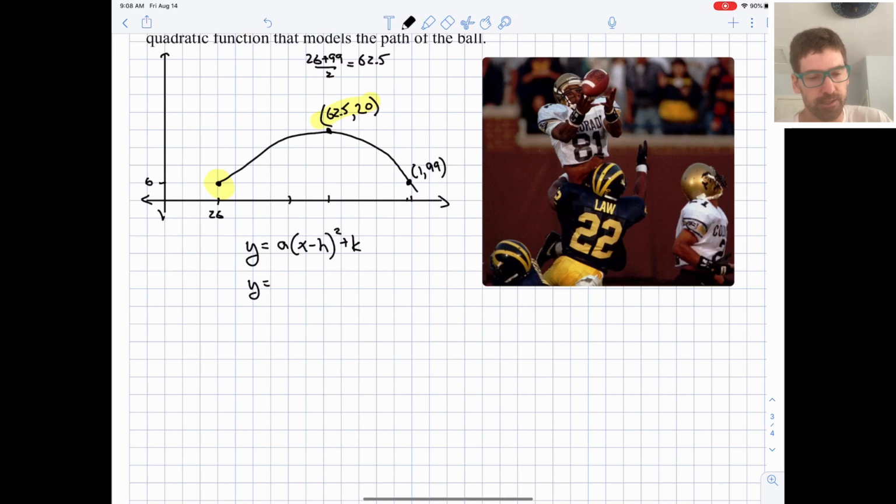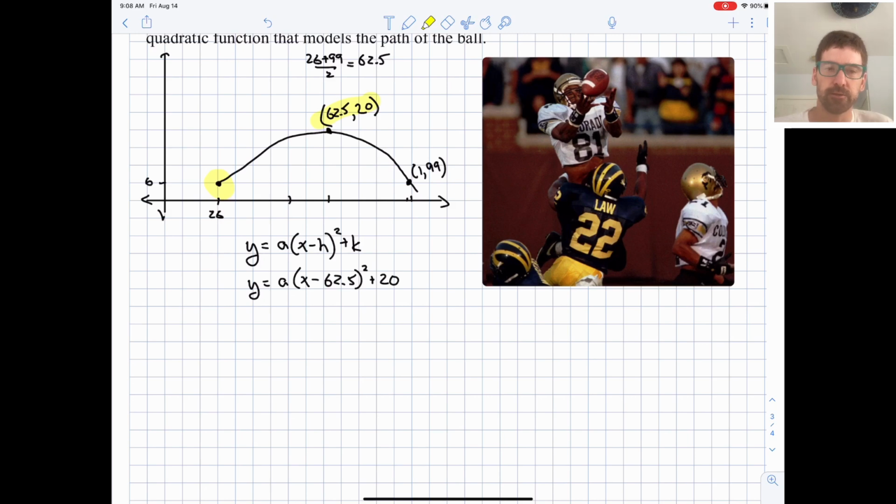So y is a times (x minus 62.5) squared plus, oh, I messed that up. I made a quick mistake there. Nope, I did that right, my bad. And plus our k value of 20, okay? So just so you can see, I'm a little confused here right now. This is our h value and that's our k value, okay? The coordinates of my vertex.